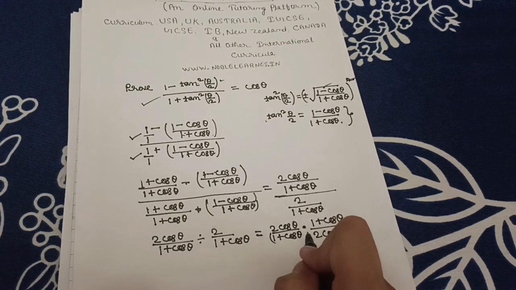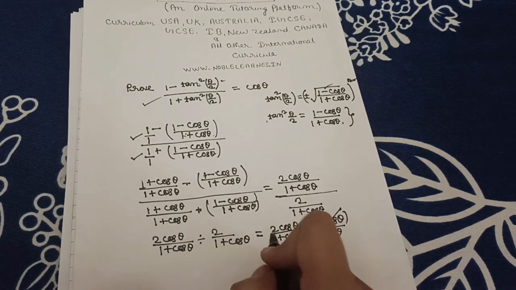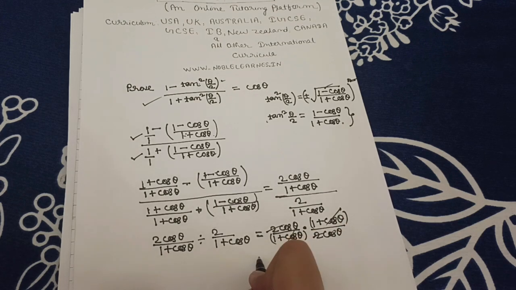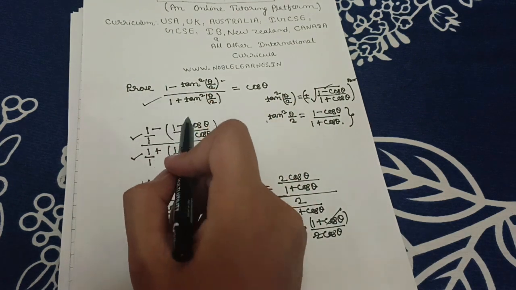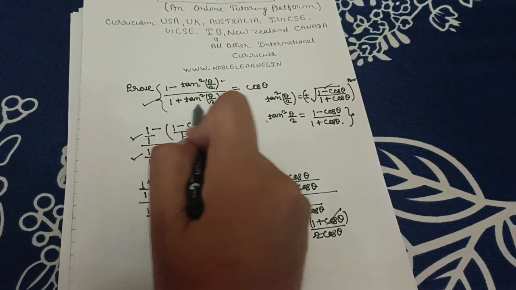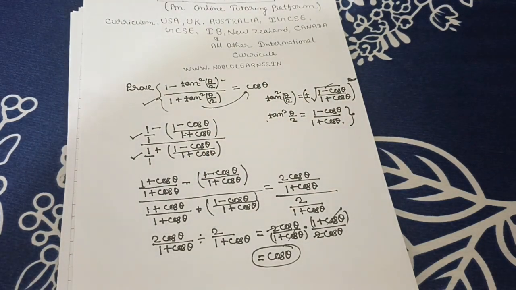Now over here, 1 plus cosine theta and 1 plus cosine theta will cancel out, and here 2 and 2 will cancel out, so we are left with cosine theta. This is what we were supposed to establish, that this one is going to make cosine theta. And these are the steps by which we could prove this.